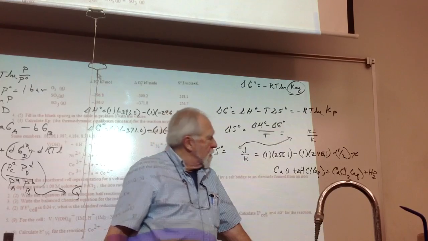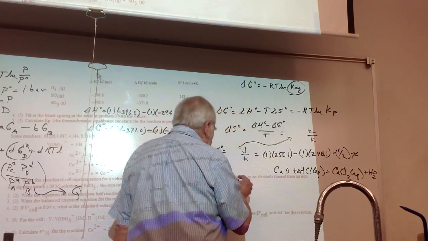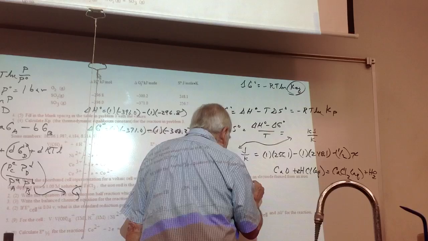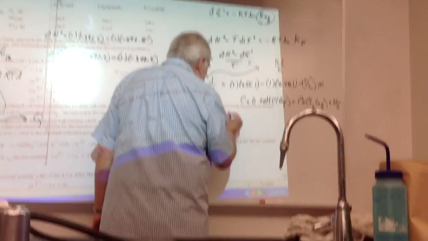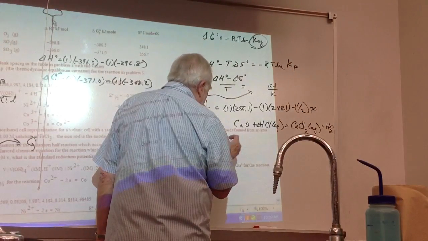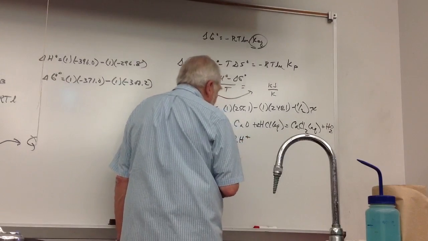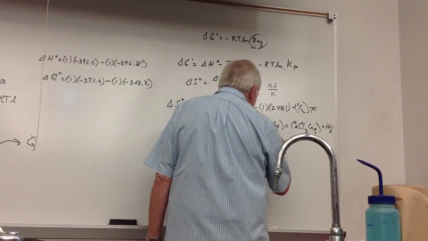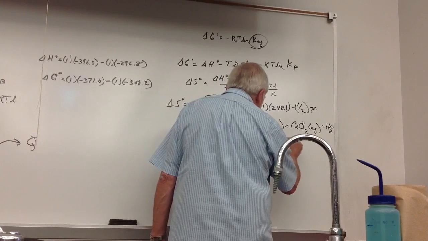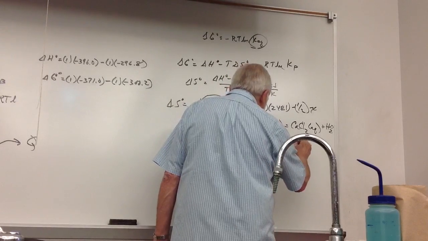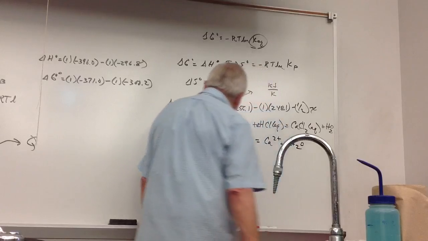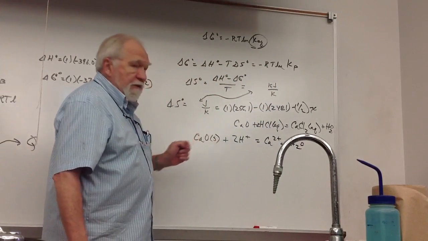Okay? In other words, let me write a net ionic equation here. CaO solid plus 2H plus. In other words, this is the net ionic equation.